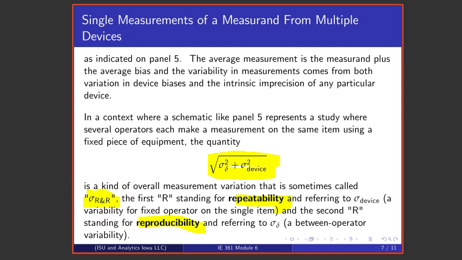The R&R variation, the repeatability and reproducibility variation. That is this funny looking square root of sum of variances in this context has an important and interpretable meaning.